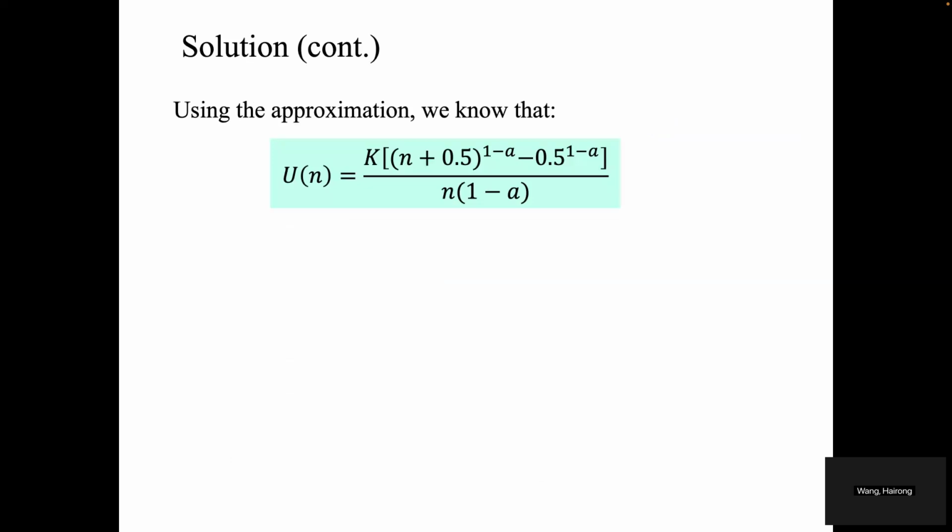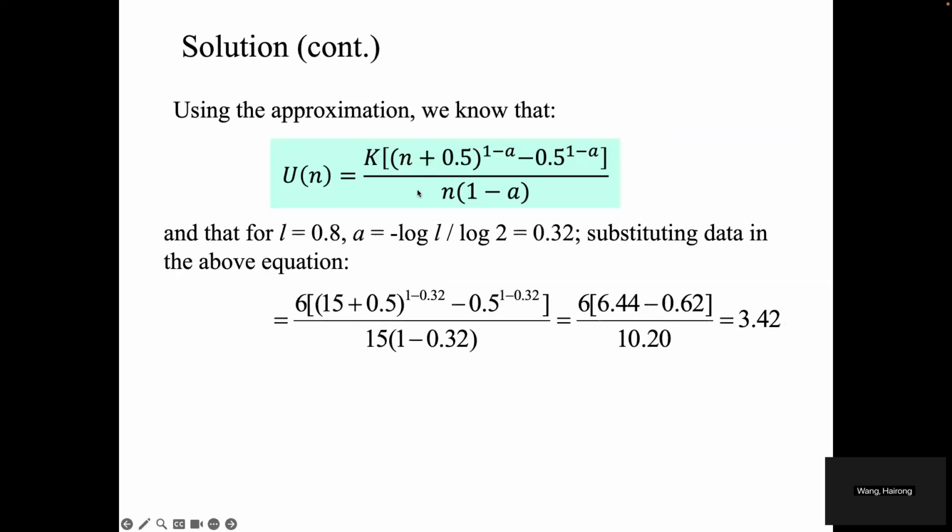Then using the approximation, we know that we can calculate it by this formula, right? And we also know that the learning rate equals 0.8. So according to the learning rate, we can calculate alpha. So alpha is equal to 0.32.